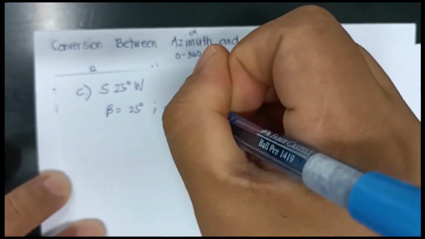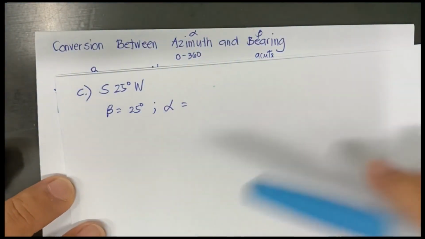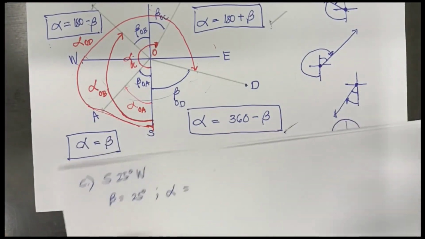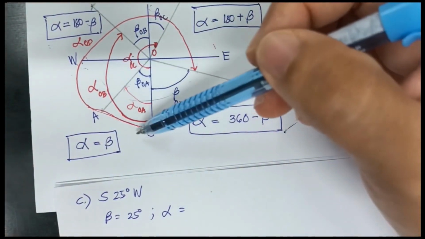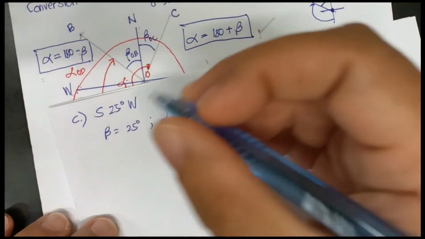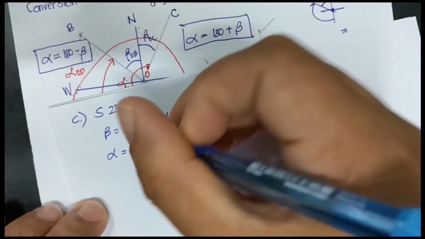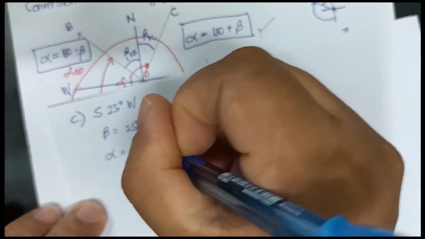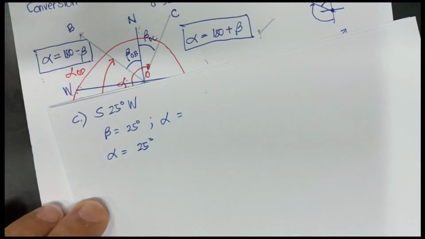Then what is alpha? Using this relationship, in southwest the bearing angle and the azimuth are just equal. Therefore azimuth is just equal to 25 degrees.